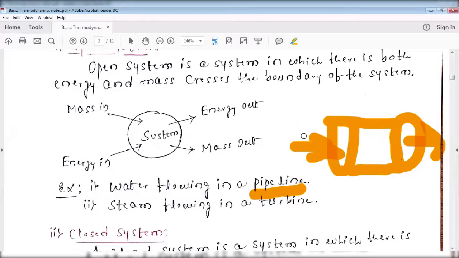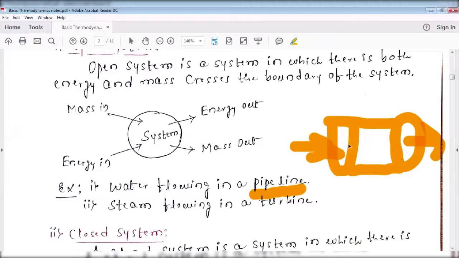Water has a mass flow rate and also a certain velocity. That indicates that mass flow rate enters, that is mass into the pipe, and velocity is there along with the water.